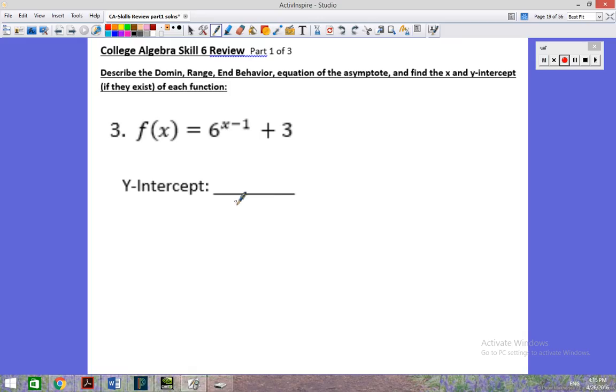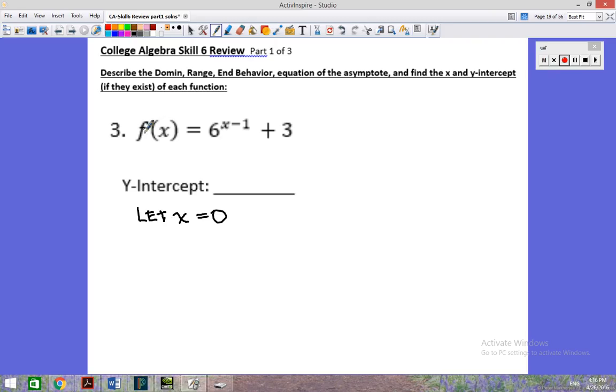The y-intercept. For any function, to find the y-intercept, you let x be 0. If x is 0, you haven't moved left or right from the origin, and you're only moving up or down, so you're definitely somewhere on the y-axis.